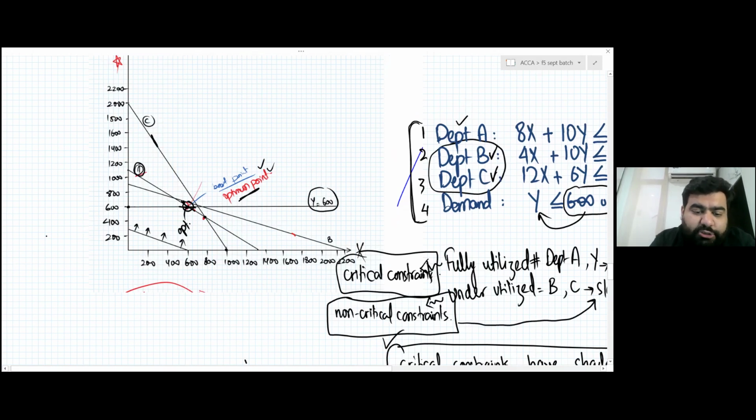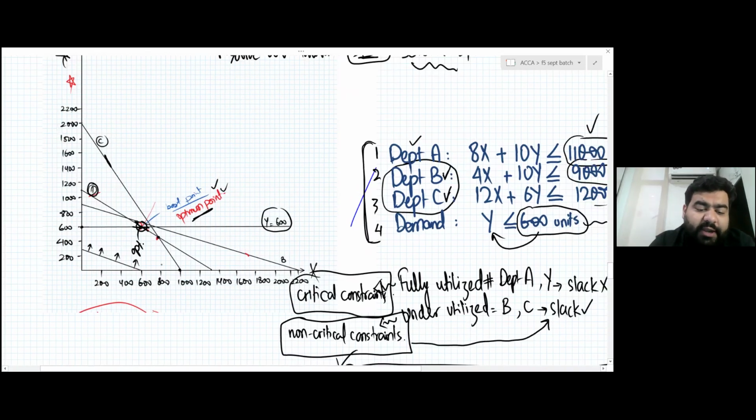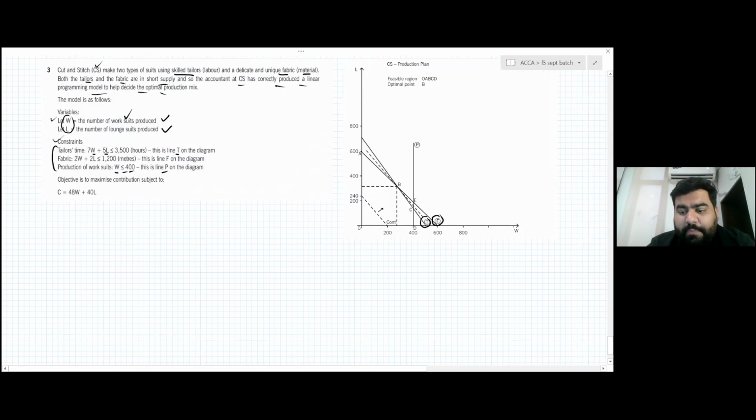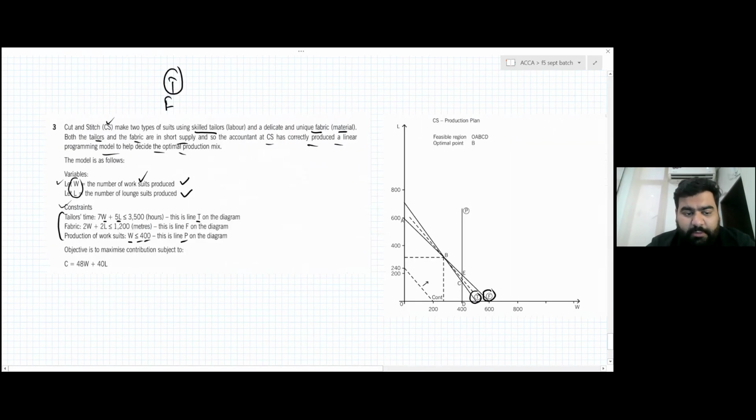But if x is constant, we make a straight line upward like this one. If he says that x has a limited demand of like 1200 or 1000 or 800, we'll make a straight line like this. Same like that, they have made the line here, marked P.